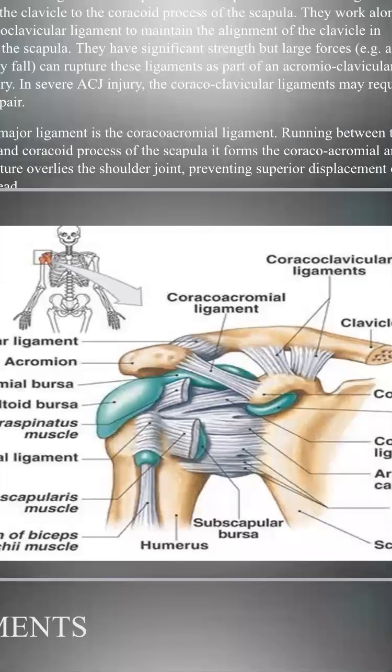It will prevent the head of the humerus from extending anteriorly, that is, it will prevent the head from popping out of the joint when the hand is raised upwards. So the main thing the ligaments are doing is providing stability and keeping the joints in position.